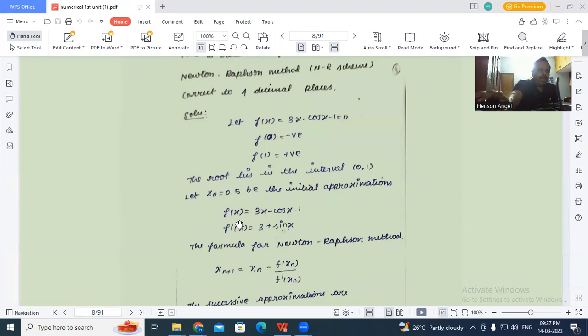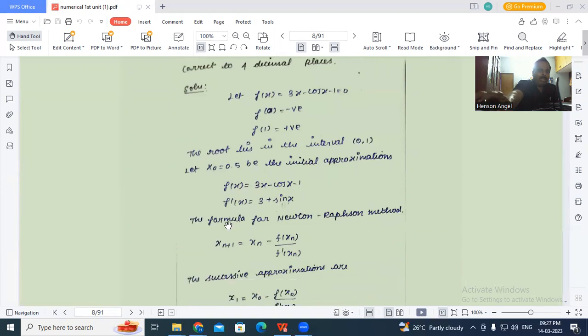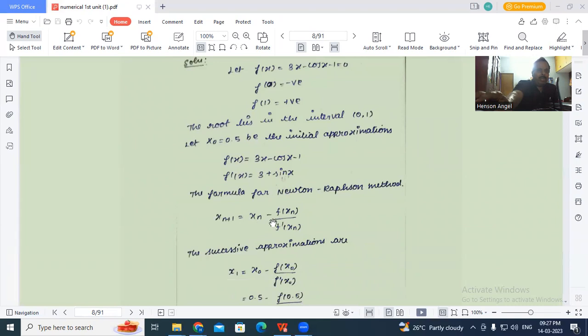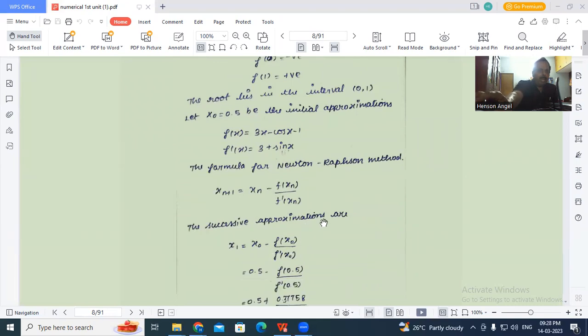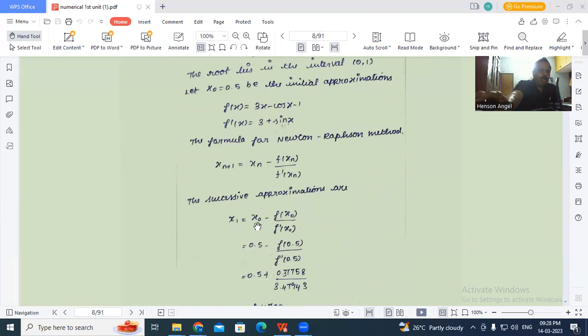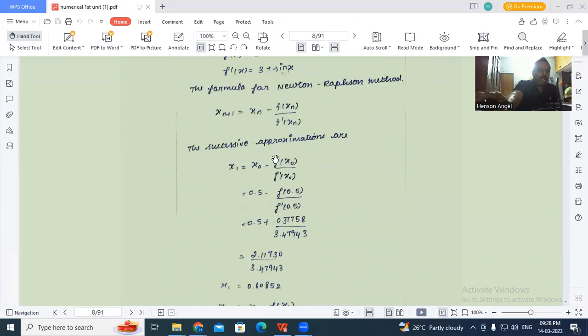Now we calculate f of x and f dash of x. Here f dash of x is 3 plus sin x. The formula for Newton-Raphson method is xn plus 1 equal to xn minus f of xn by f dash of xn. The successive approximations are x1 equal to x0 minus f of x0 by f dash of x0. Now we can substitute x0 equal to 0.5 in this formula.